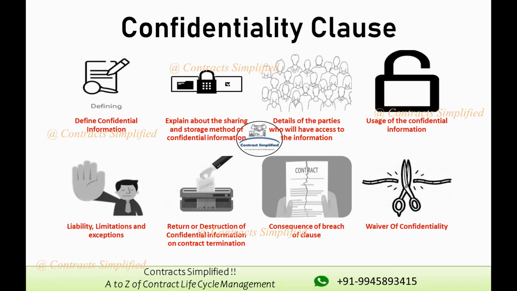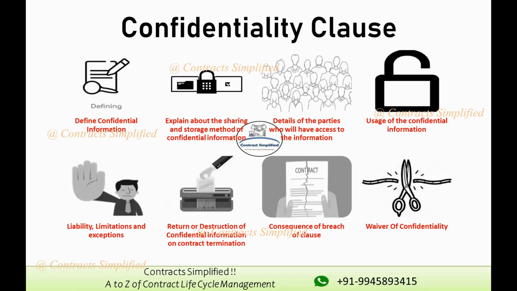The second point is explaining the sharing and storage method of confidential information. So you have to specify here how you are going to share the confidential information and where it is going to be stored. This is important because you will know where they are storing it, so that you can impose certain restrictions on that or ask for additional security.